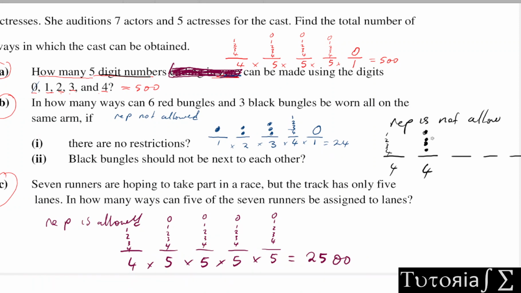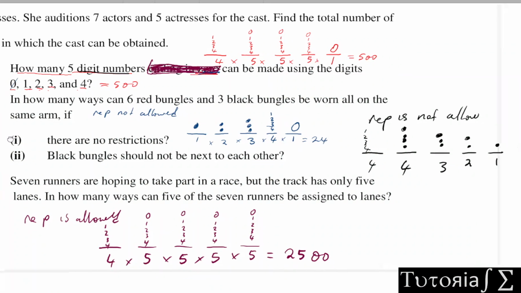Then from the 4 here we would have 3 possible numbers. Since repetition is not allowed, so 3 possible numbers. Again, from the 3, if 1 remains here, we can only have 2 possible numbers. Again, from the 2, if 1 remains here, we can only have 1 possible number here. So that is basically your approach here.